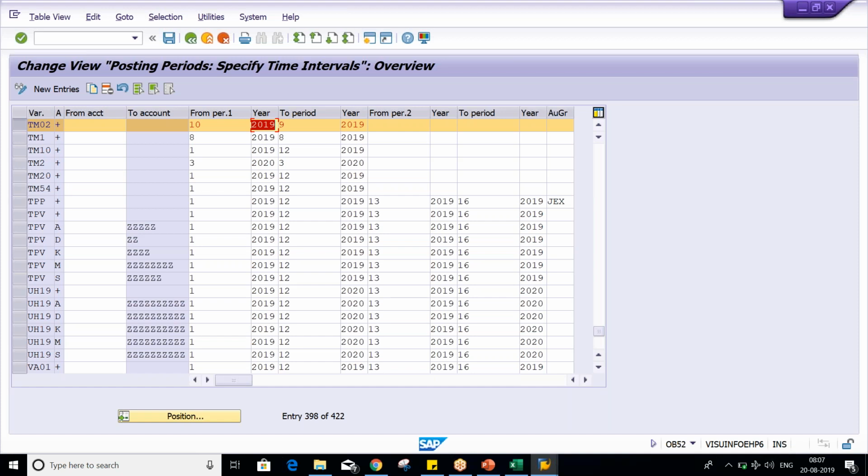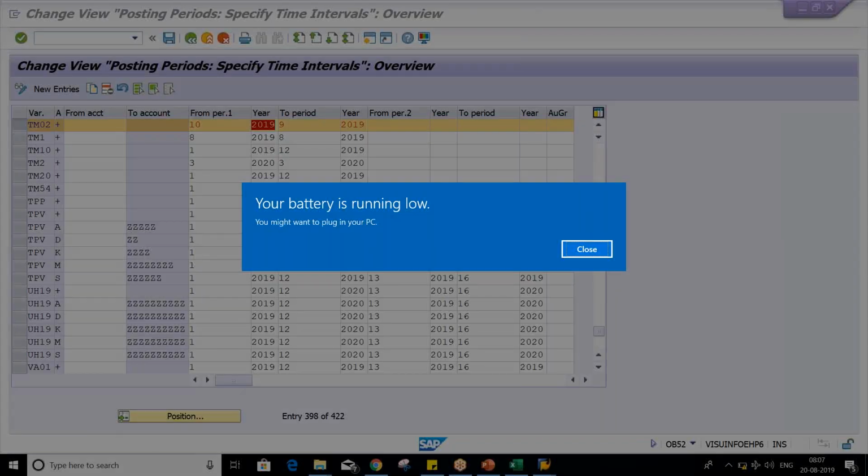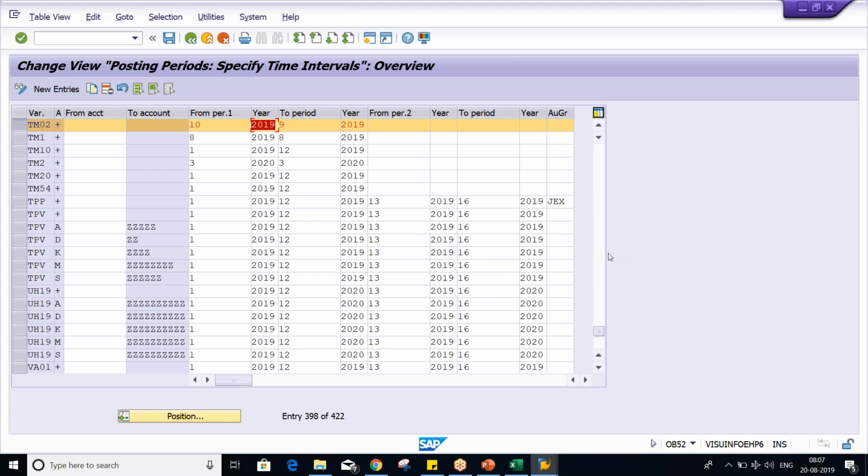And from April 1st onwards, the 2020 financial year is going to start. So until 31st March 2020 we are in 2019 itself. So here 10th means January 2019. Let's suppose we have opened the 10th period 2019.